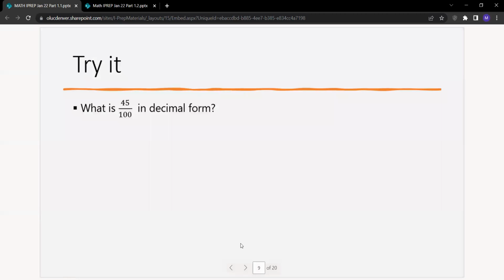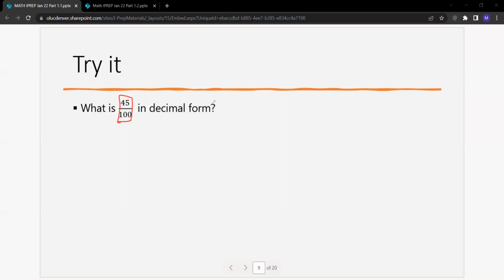So let's go ahead and try to convert some of these between each other. If we have this fraction of 45 over 100, and we want to look at that in decimal form, how would we go about doing that? One way is we could plug it into our calculator, right?